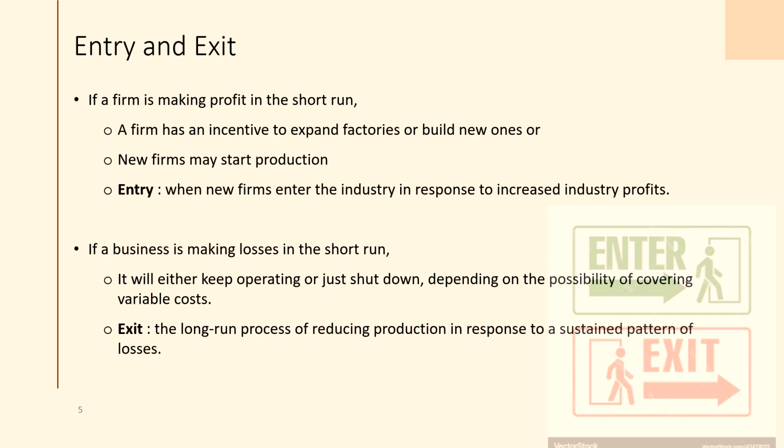This process is called entry, which is the long-run response to profit. On the other hand, if firms are making losses, they may reduce production or exit the market entirely, depending on whether the firm can cover average variable costs. This is called exit. Entry and exit are the key mechanisms that drive long-run adjustment.